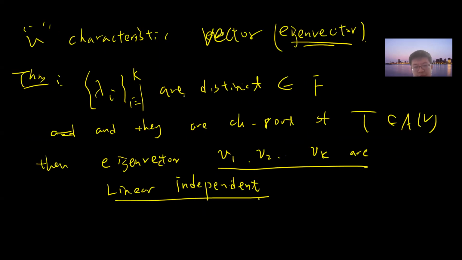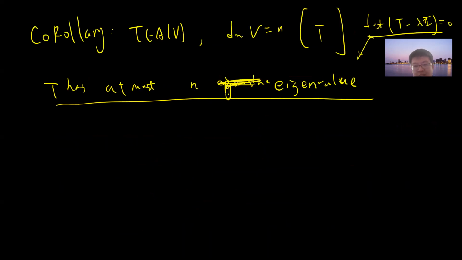We prove that if you have distinct eigenvalues, then the eigenvectors are linearly independent. So you have at most n linearly independent eigenvectors, which guarantees you have at most n distinct eigenvalues.